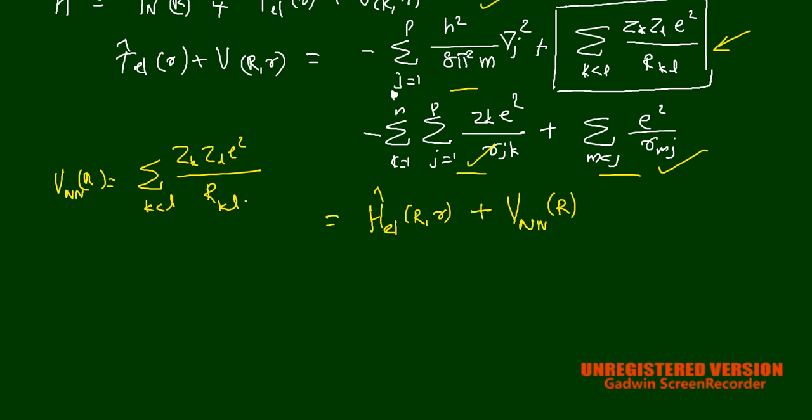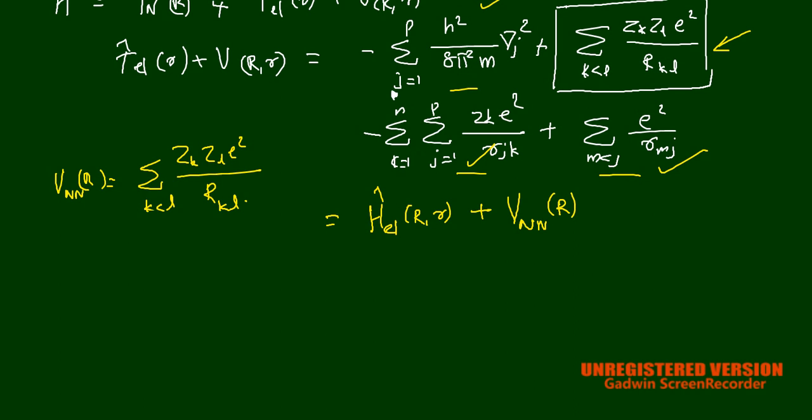I haven't told you what the Born Oppenheimer approximation is. I have given you only an introduction of where the Born Oppenheimer approximation is going to be applied. It is applied in the case where we have a very big Hamiltonian having nuclear and electronic parts.